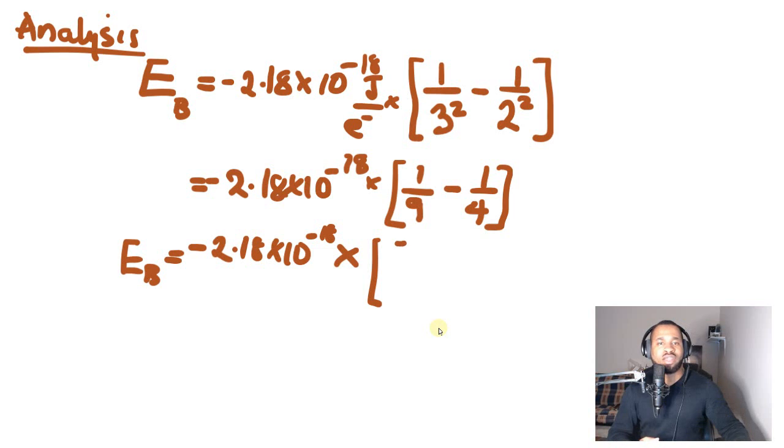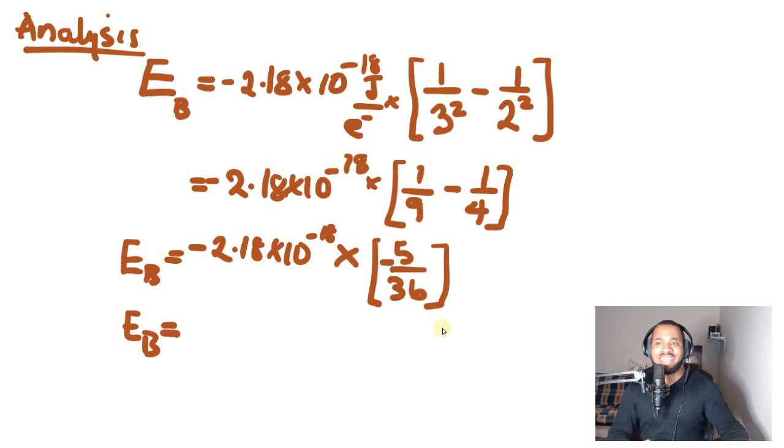You're going to get 5 over 36. And so multiplying 5 by 2.18 times 10 to the negative 18, and then divided by 36, that will give us our energy. Oh, don't forget your negative sign here.